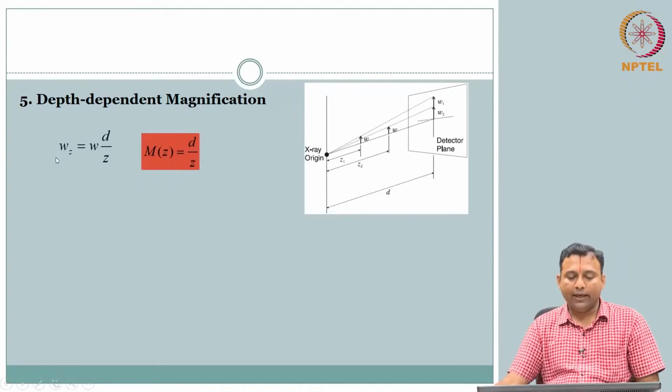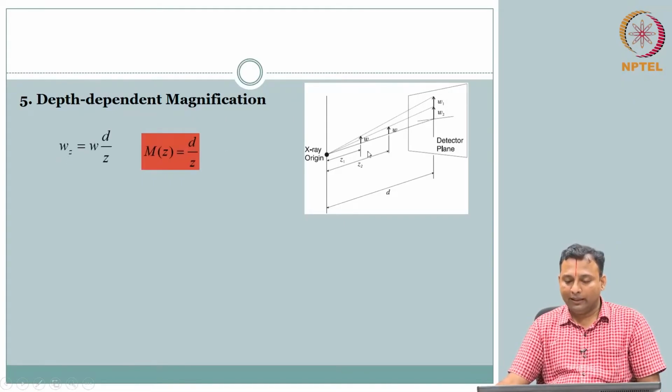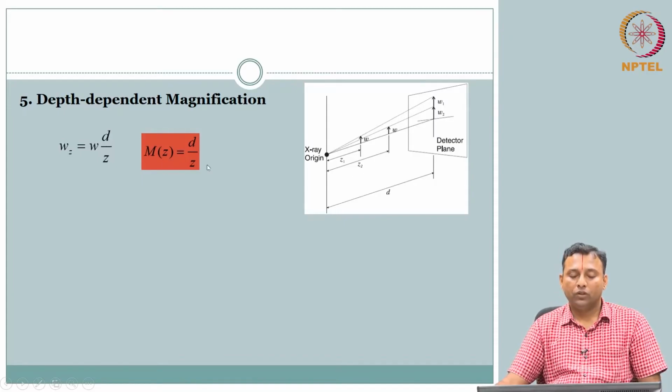Okay. So, you can write this, your W of Z is nothing but W times the magnification. So, W is a ground truth value. This is your magnification, and the magnification factor is therefore D by Z, which is your similar triangles kind of approach, right. So, D by Z. So, why is it written as M of Z?